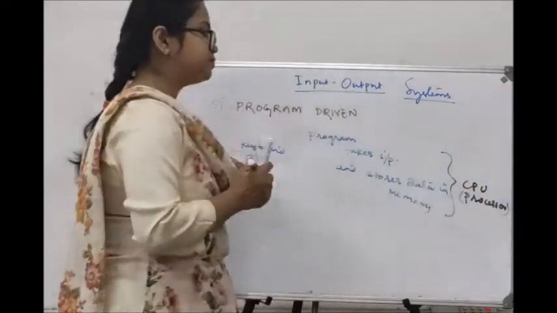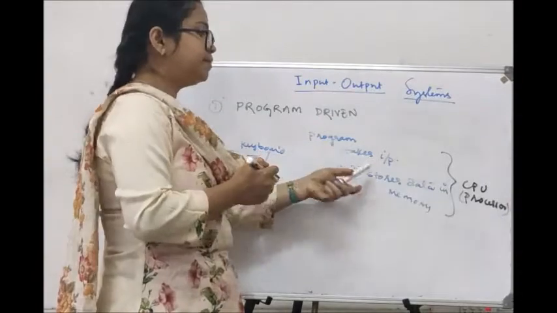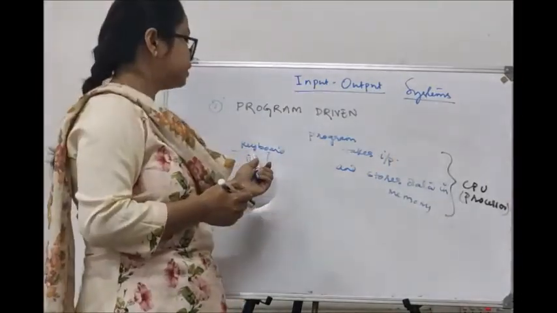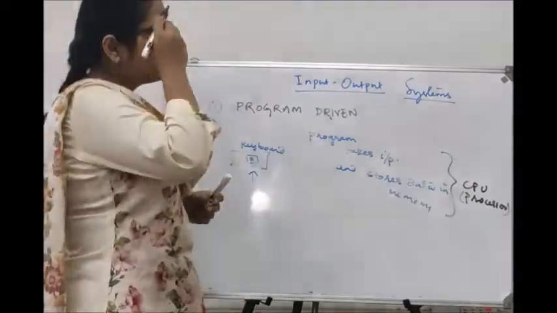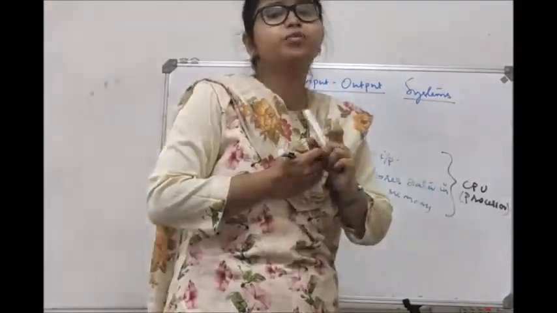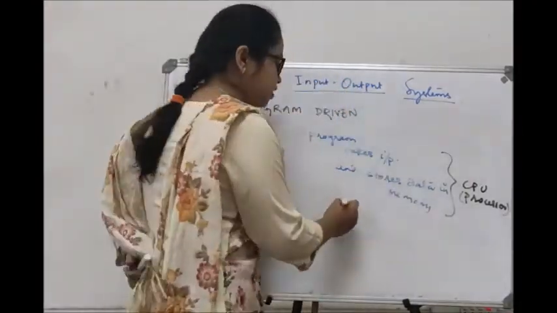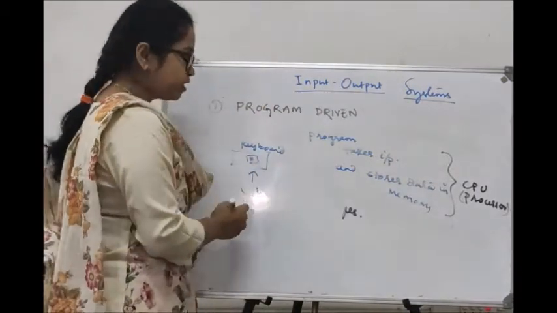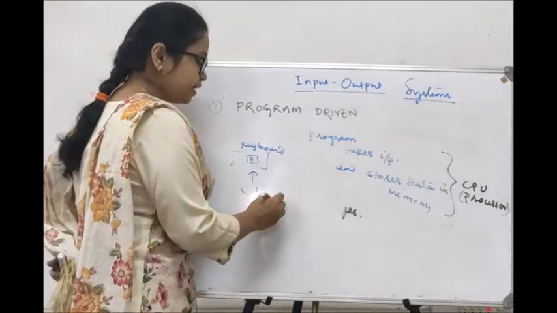So program driven means the CPU will be busy running the program until it gets an input. The program will take how much time? It will run in microseconds. But the user will give input in how much time? In seconds.